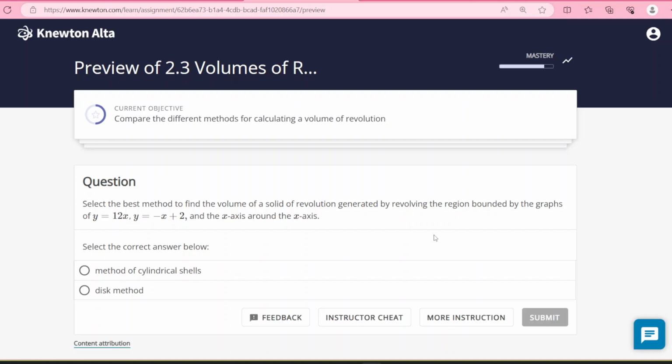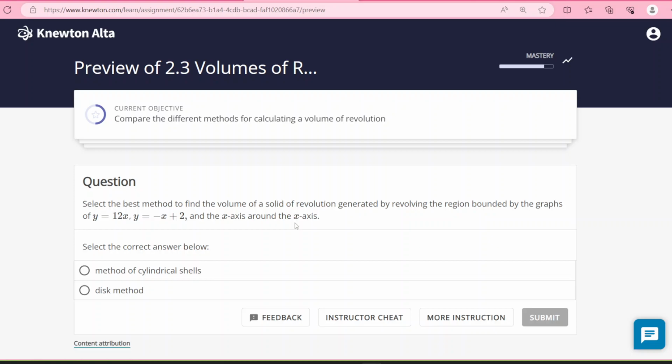so this one's very similar to actually the first example from this objective. If I were to take this is a line going up, this is a line going down, they meet somewhere, and then rotating, and the x-axis on the bottom, you'd have another triangle shape rotate around the x-axis.